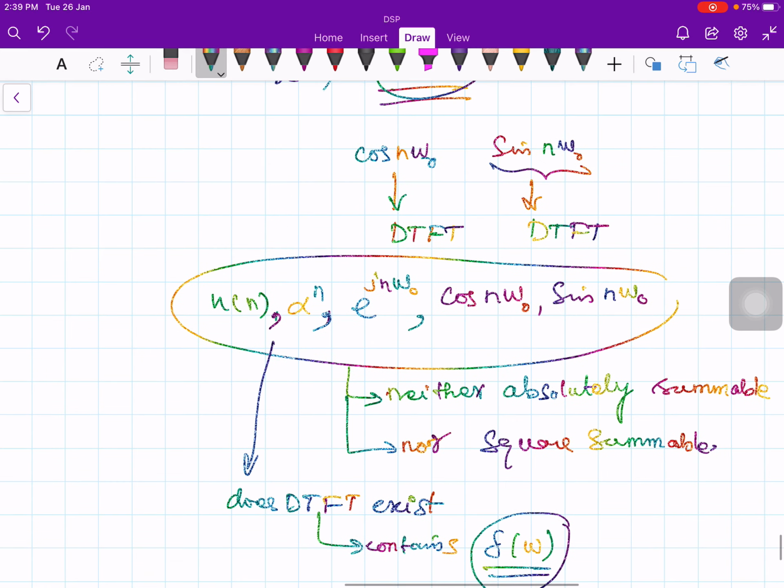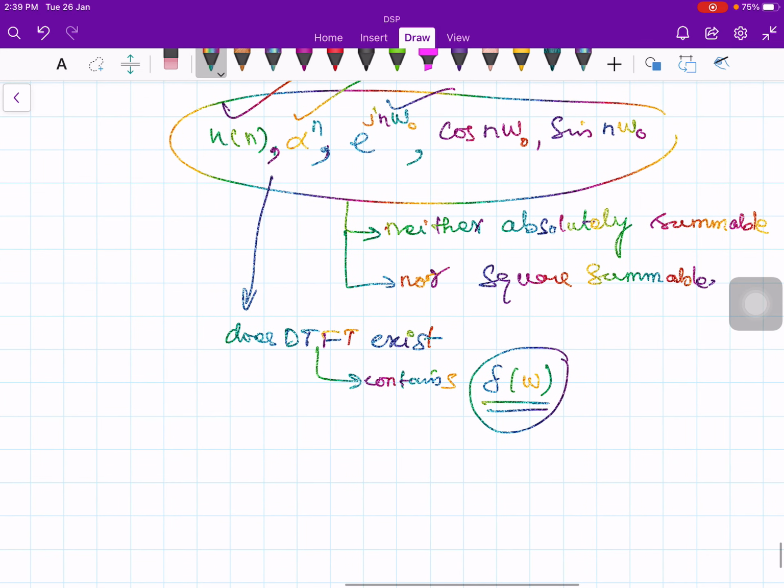Like u of n has a discrete time Fourier transform, alpha to the n, e to the j n omega naught, cos n omega naught, sin n omega naught. They do exist, the discrete time Fourier transform. So we have to handle them, and therefore we admit this analog function del of omega. That is, in their discrete time Fourier transform, the del of omega function will exist.